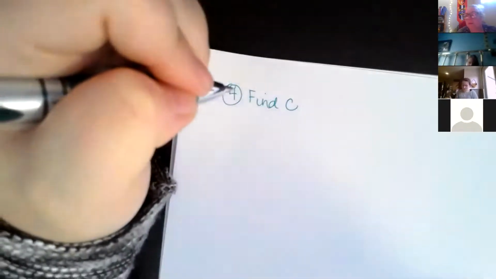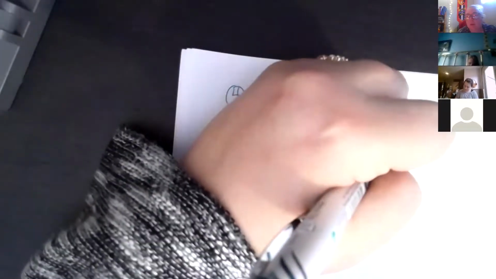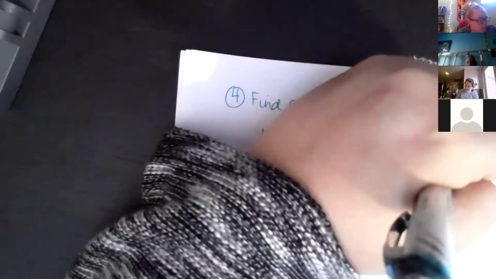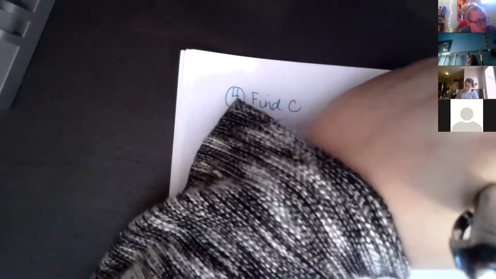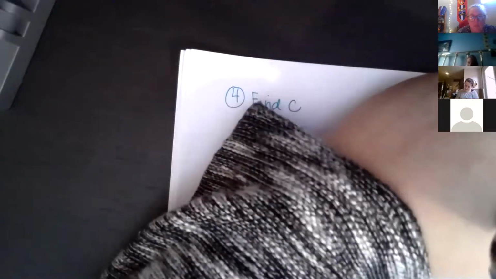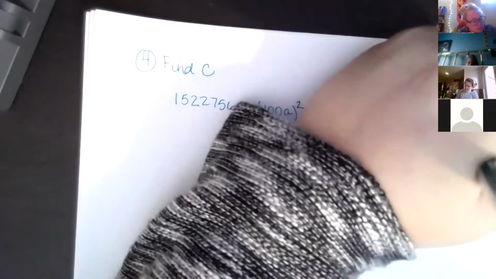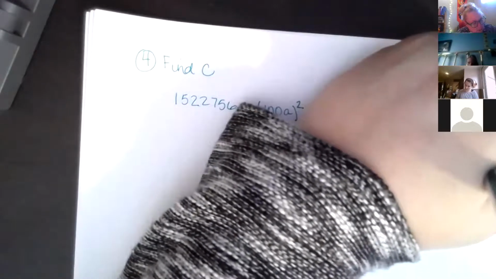All right, so find C. We take our big number and subtract 100A squared, minus 10B times 2 times 100A, plus 10B needs to be bigger than 2 times 1230C.